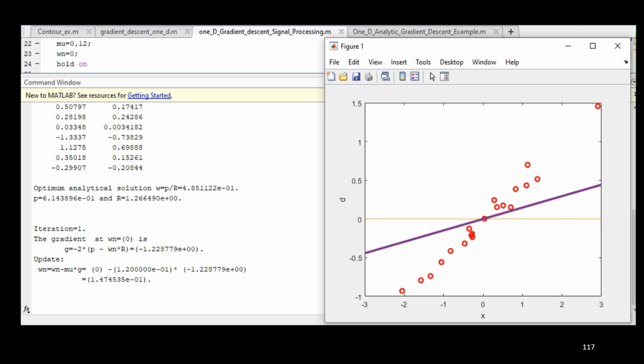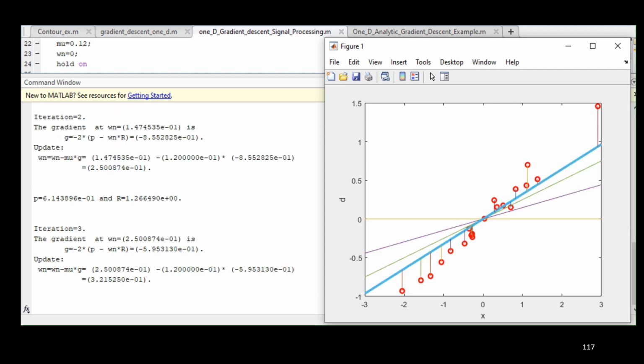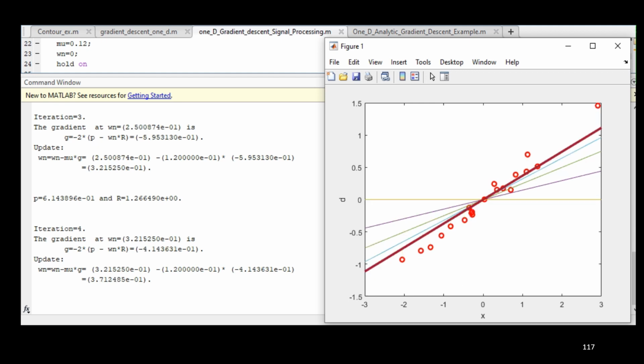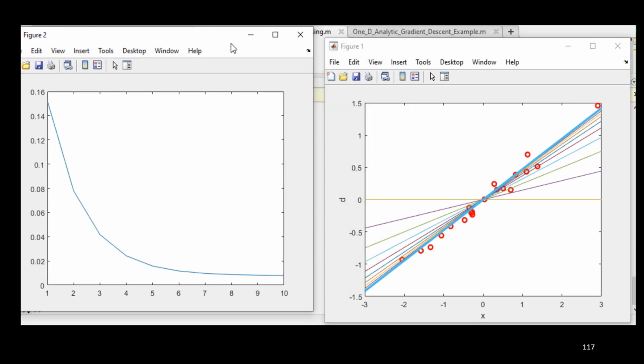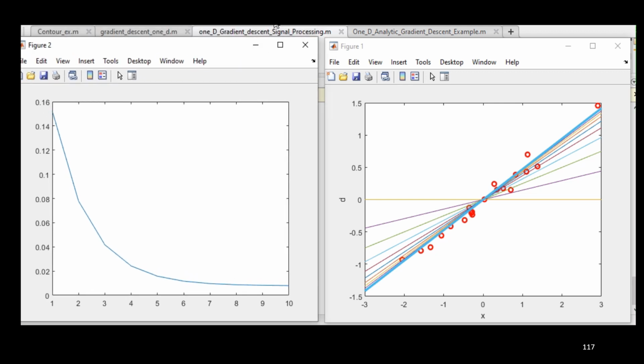So it's a linear one, so I want to get a linear equation passing through the origin that will fit those points, and you see how iteratively it is fitting these lines. I'll show all the things step by step. You see, errors are converging slowly. So this problem will be discussed in detail. I hope you will enjoy these things.